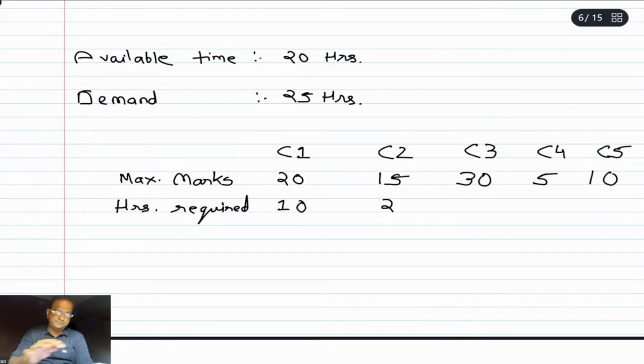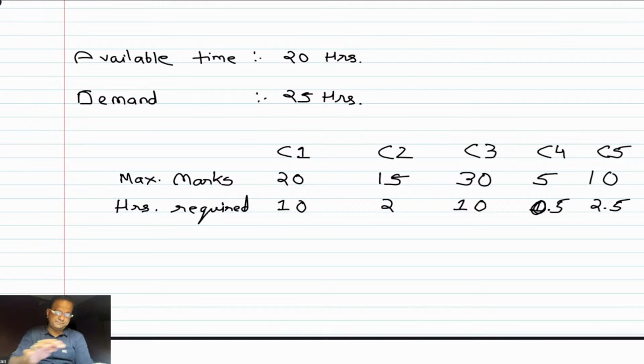Suppose 2 hours is required here. 1 hour is required here. 10 hours is required here. Suppose it's 0.5, 0.5 hour is required. And here 2.5 hours is required.